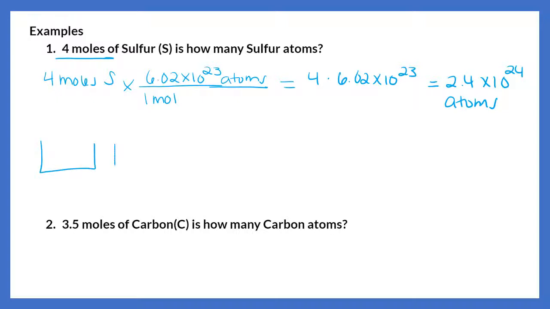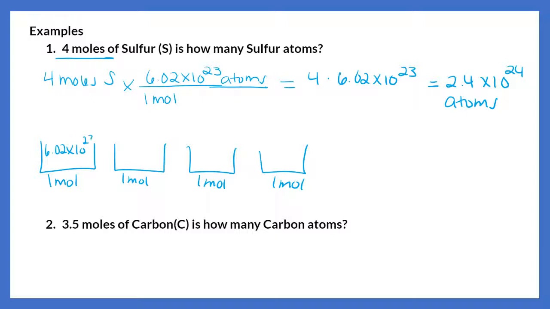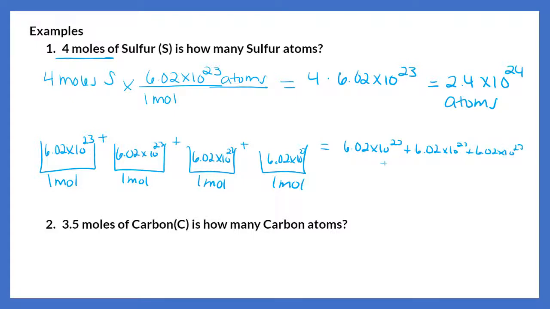So that means if I have 4 mole boxes, and in each one I have 6.02 times 10 to the 23rd, I could add each one all 4 times, 6.02 times 10 to the 23rd plus 6.02 times 10 to the 23rd plus 6.02 times 10 to the 23rd plus 6.02 times 10 to the 23rd.